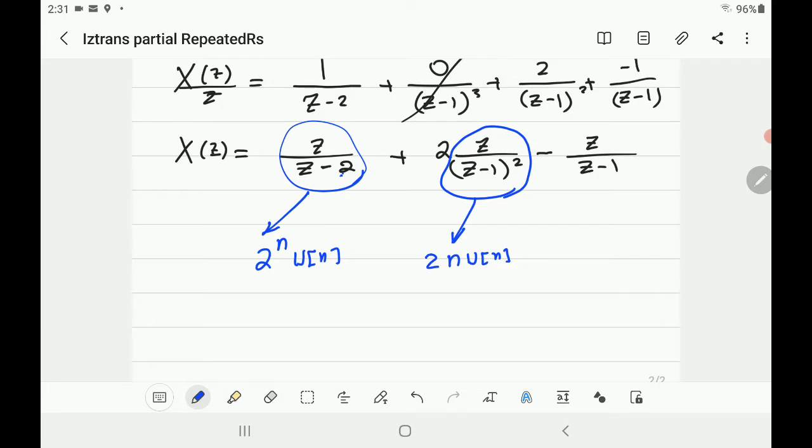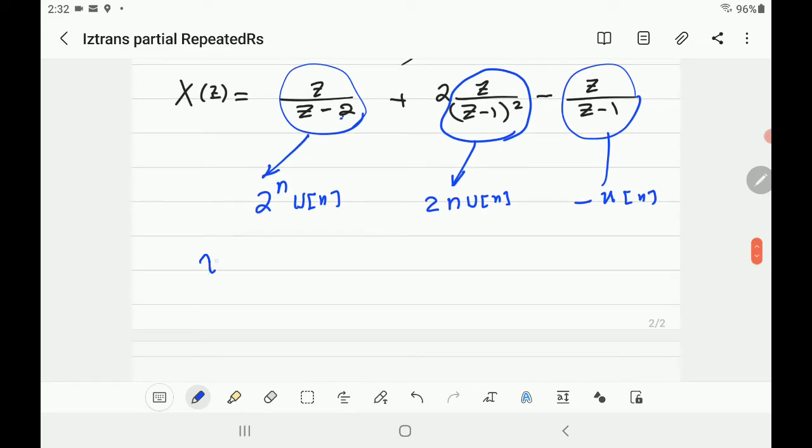You put it there. And this one is the unit step u(n), with a minus sign. Add them together, so the function is x(n) equals 2 to the power of n, plus 2 times n, minus 1, all multiplied by u(n). So that's the answer.